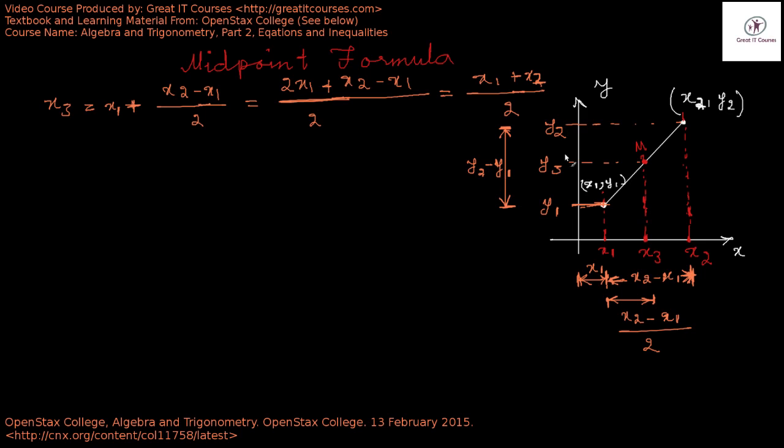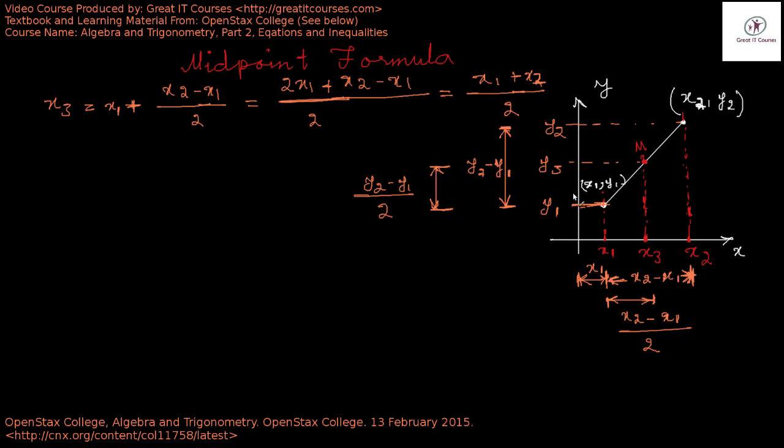You know that y3 is exactly in the middle of y2 and y1. So then this distance is half of this distance. So it's y2 minus y1 divided by 2. So in order to get to the point y3, first I have to get to the point y1 and then go this distance, which is already calculated, y2 minus y1 divided by 2.